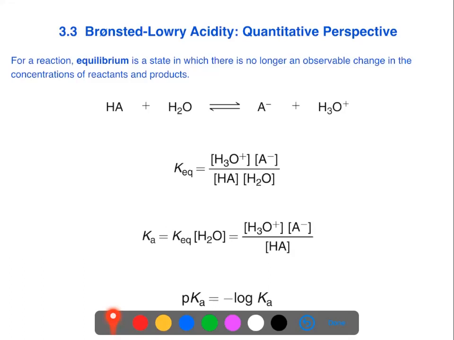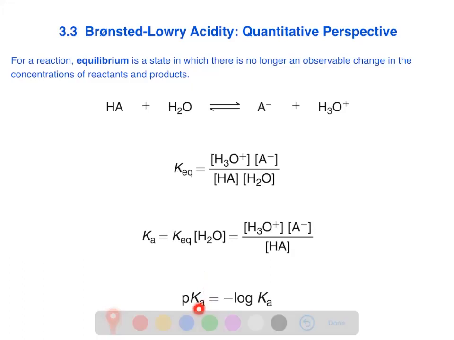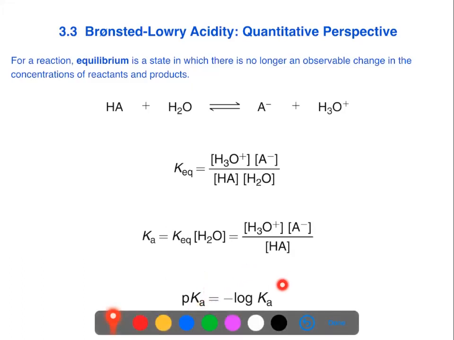Now, these Ka values being quite large or quite small, we often will convert these to a log scale for simplicity. So if we take the negative log of these Ka values, we end up with what's called the pKa. And we will quantify the acidity based on these pKa values.